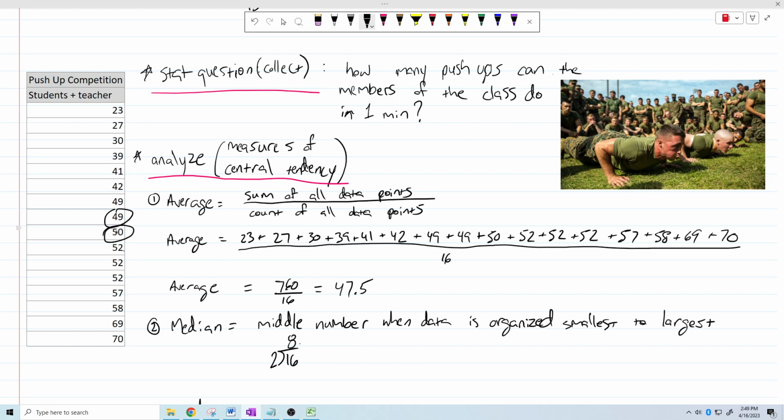So average equals 49 plus 50, and there's two of them, so divide by 2. When you do the math on that, you're going to get 99 divided by 2, and you're going to get 49.5. That 49.5 is your median. You created it just now.